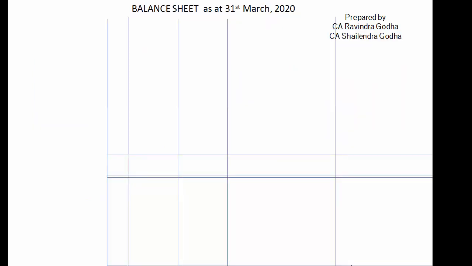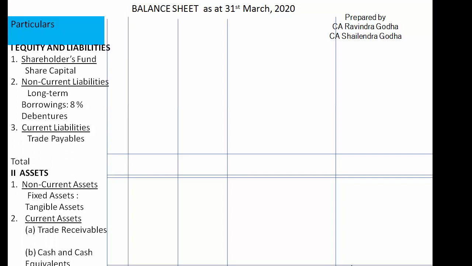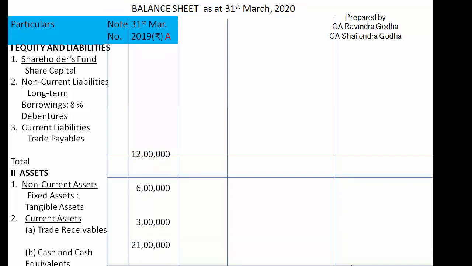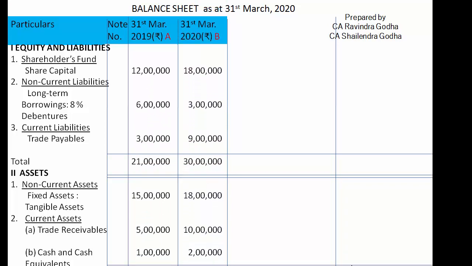There are the following 6 columns in this statement. First is particulars, in which you write all the items of the balance sheet. Next, note number. Next, data of the previous year, which we denote by A. The next, data of the current year, which we denote by B. The next, absolute change, which is C equal to B minus A, meaning data of the current year minus data of last year.